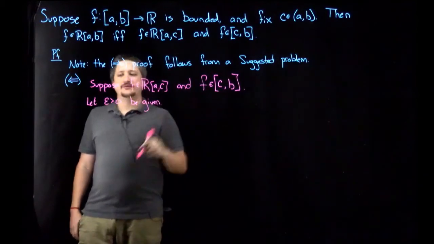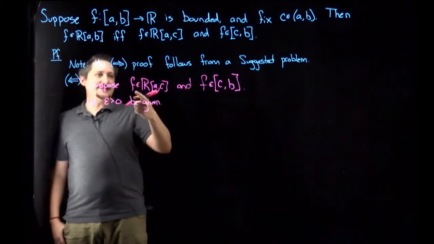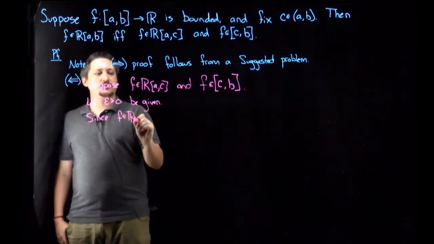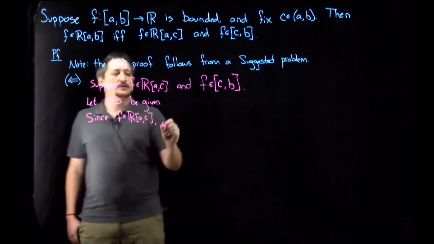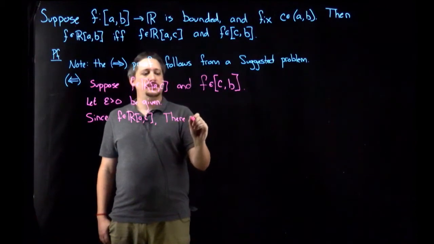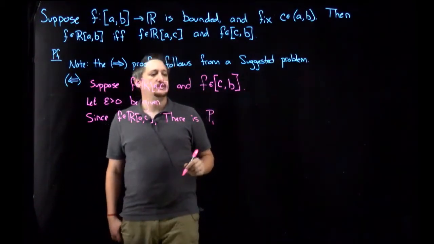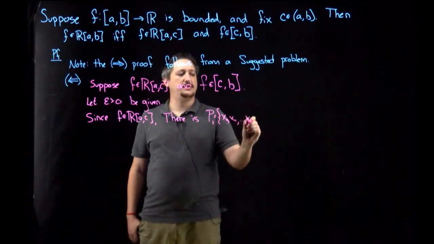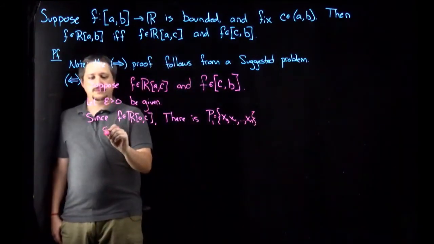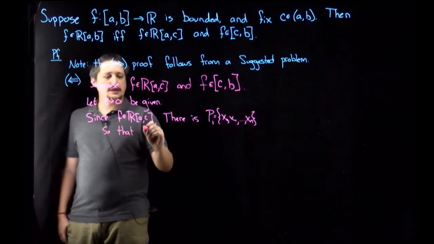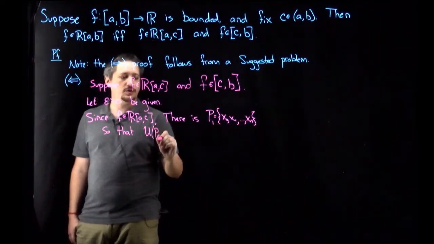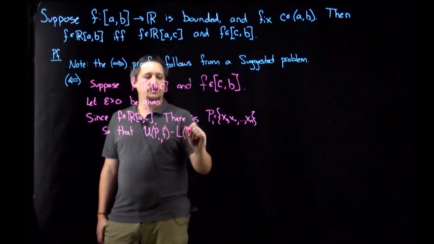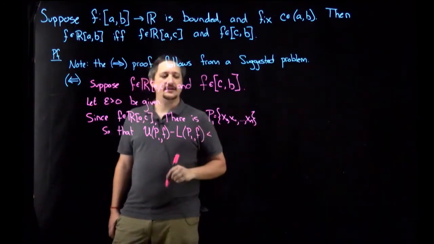And now I'm going to use this. So since f is Riemann integrable from a to c, there is a partition P1, which again is this x0, x1 up to xn, so that the upper sum for P1 with f minus the lower sum for P1 with f is less than, now I can pick anything I want, right?